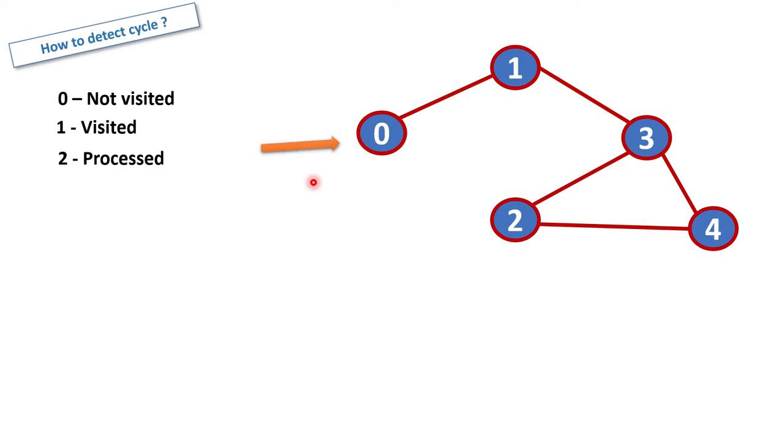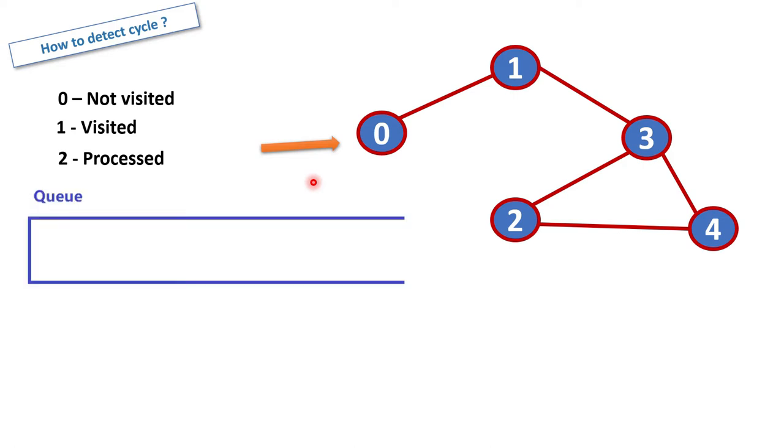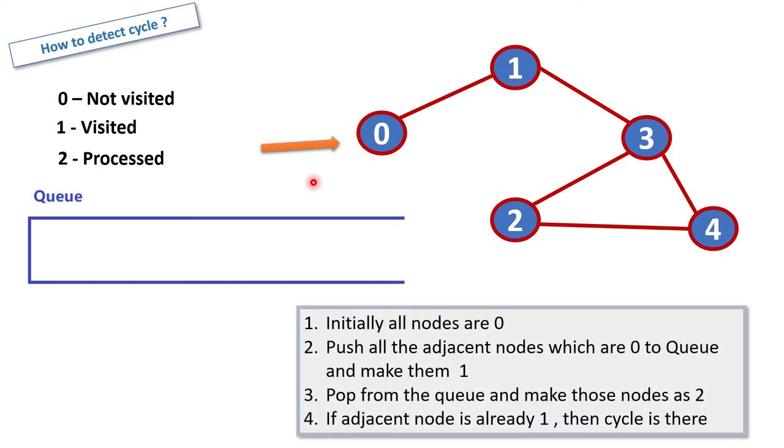As we are following the BFS technique, we need a queue data structure to maintain the nodes, and we'll follow these rules. Initially all nodes will be 0. Then push all the adjacent nodes which are 0 to the queue, and make them 1, meaning visited.